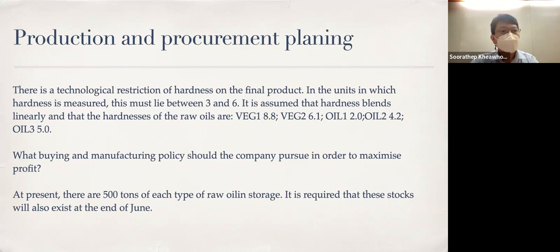Okay. At the beginning, you have 500 tons of each type of raw oils. And after 6 months, you have to remain. Yeah, in the tank, you have to keep the same amount.